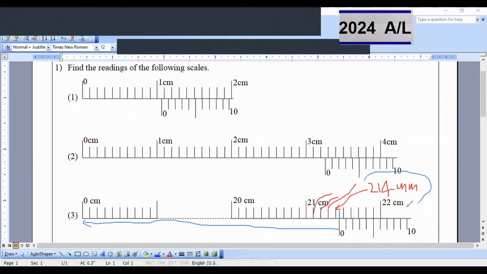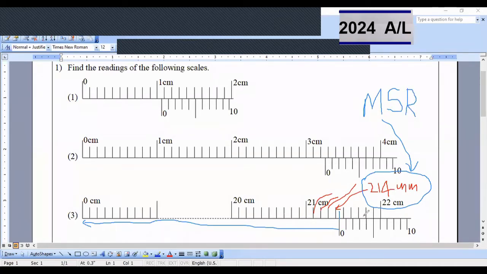Therefore, this 214 is said to be the main scale reading.